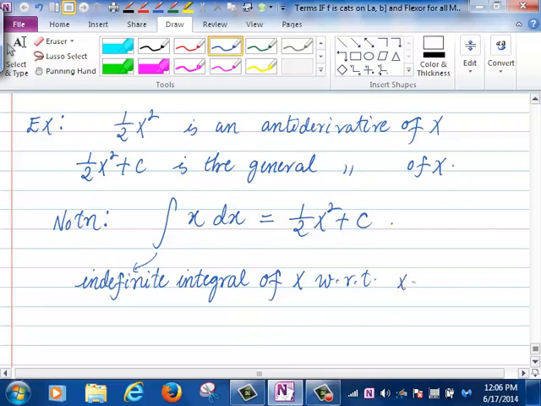Okay. So this is the guy I have here, and this is called the integrand. So basically, the indefinite integral of a function is the general antiderivative of that function. Is everybody okay with what I said? Everybody's okay with the notation? Okay.